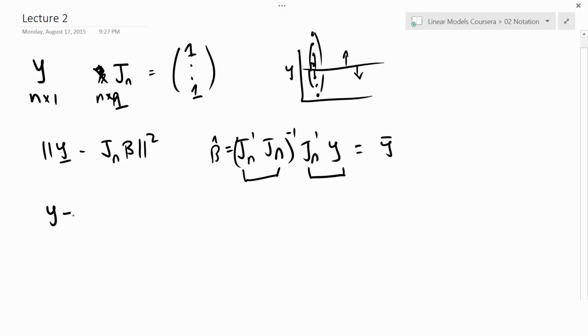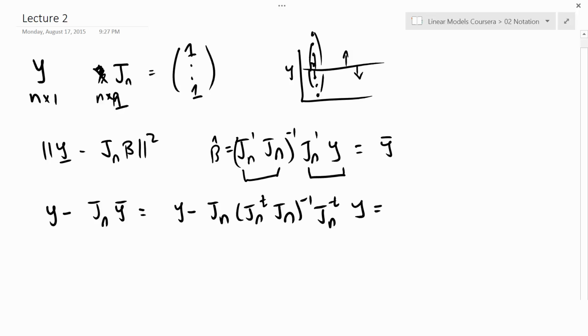Okay, so it is interesting to note then that if we were to take y and then subtract off J_n times y bar, our best estimate of the horizontal line that best predicts the y's, we could write that out as y minus J_n times (J_n transpose J_n) inverse J_n transpose y.